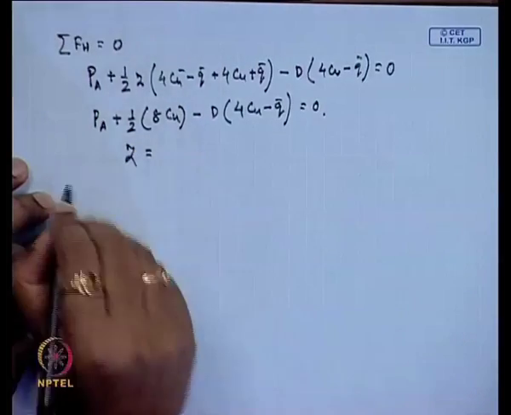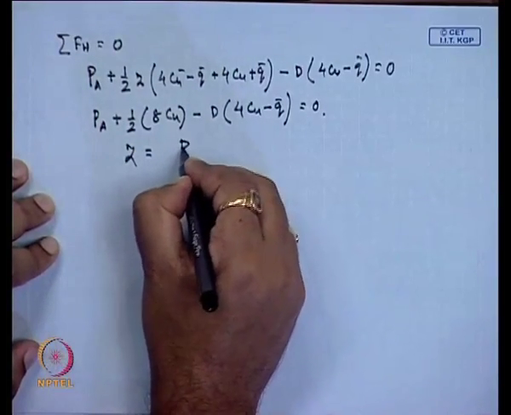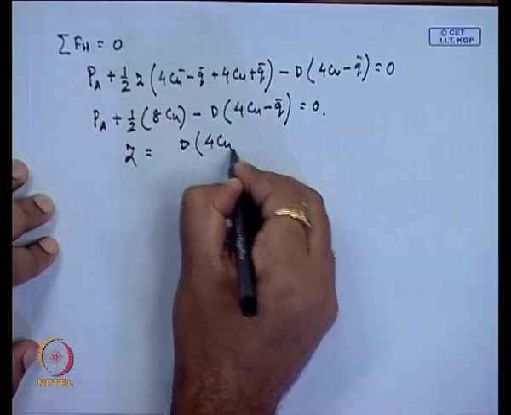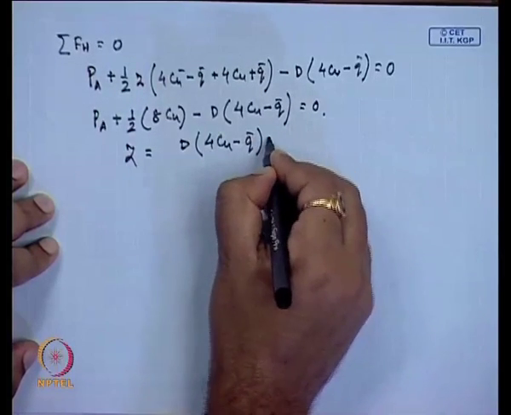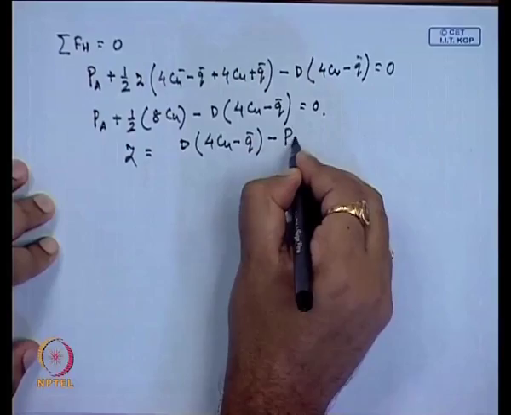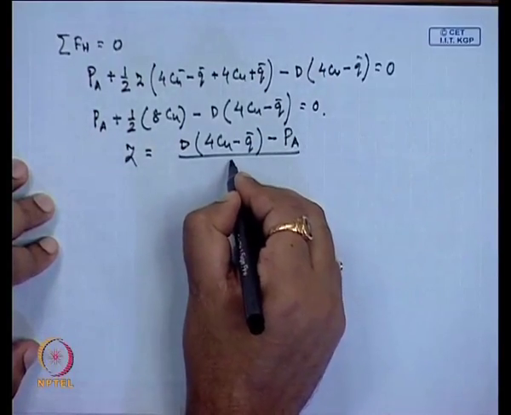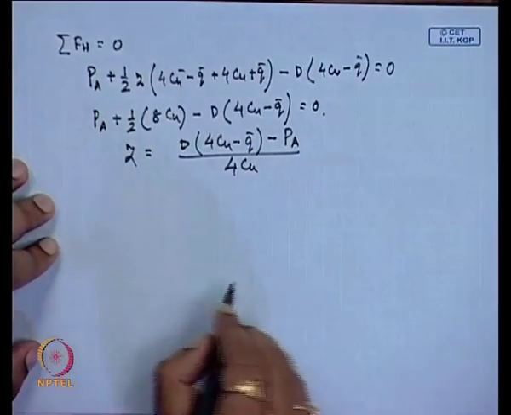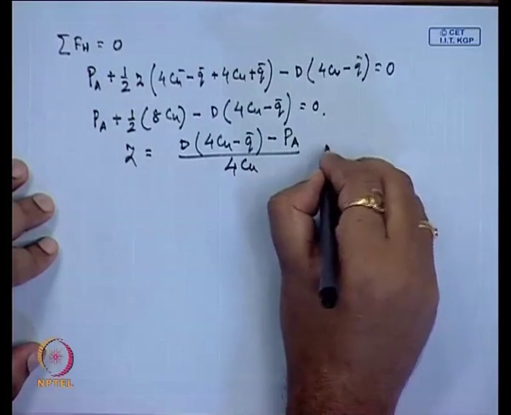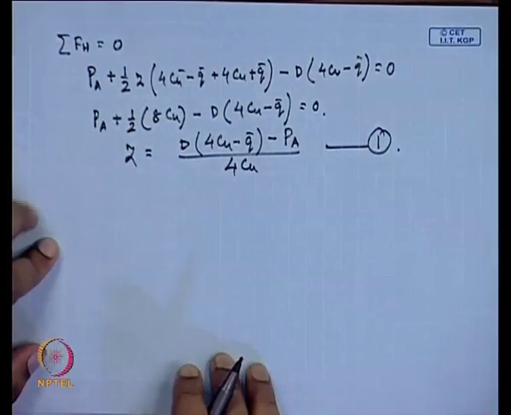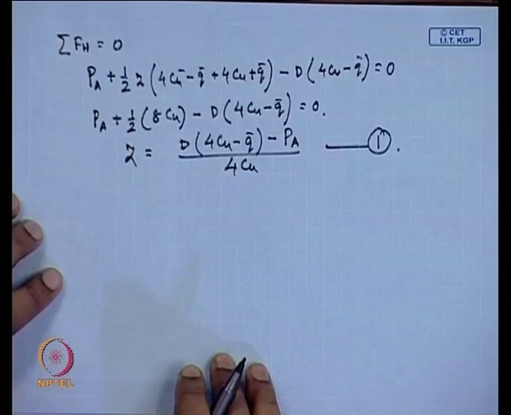So, Z will be d into (4 C_u minus q bar) minus P_A, divided by 4 C_u. This is expression 1, from which we can determine the Z value.